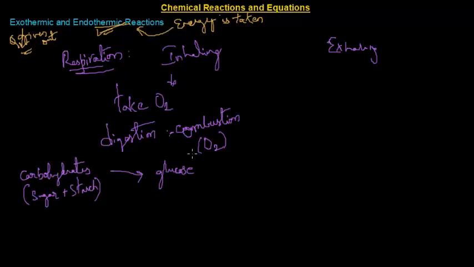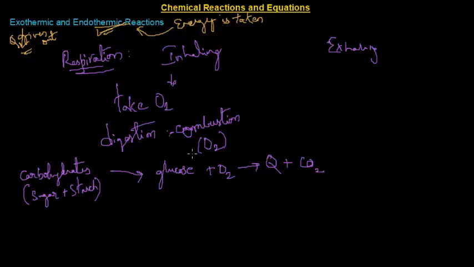How are they broken down into glucose? During this combustion process, they are broken down into glucose, and glucose in our body combines with oxygen, which is taken into our body during respiration, and gives out energy. During this process, energy is released and carbon dioxide is also released.